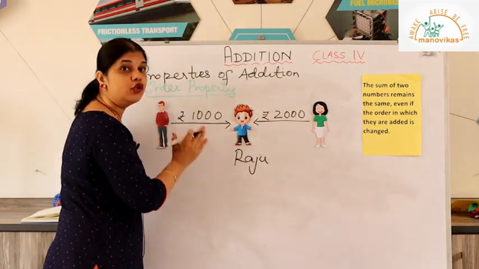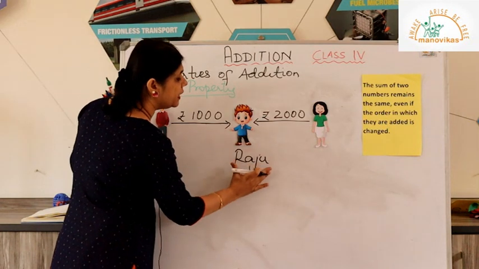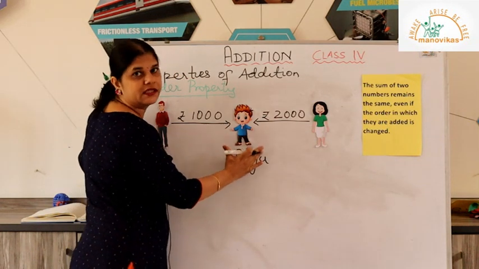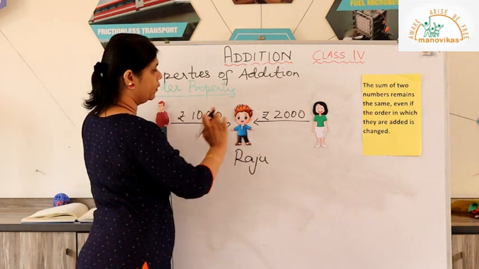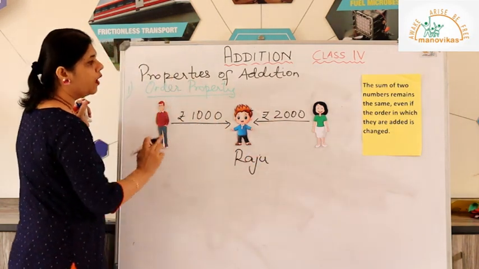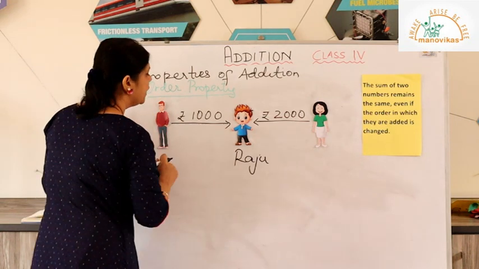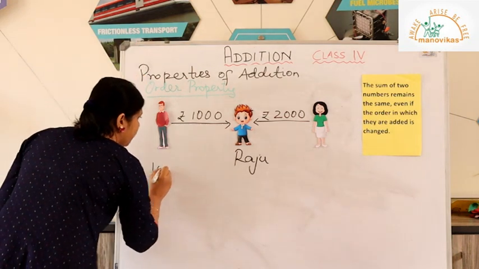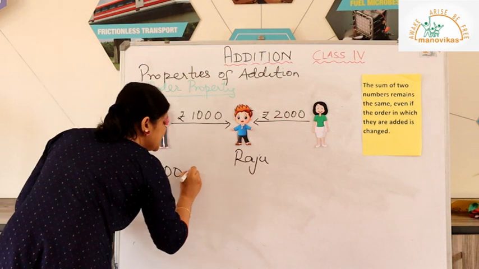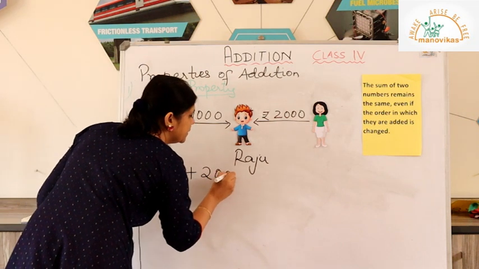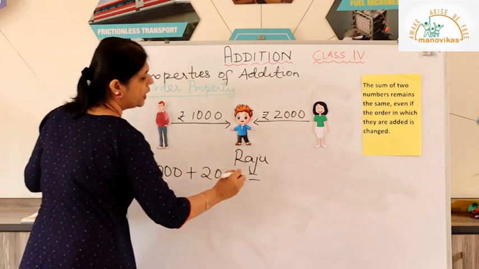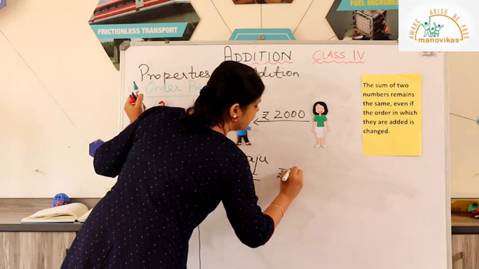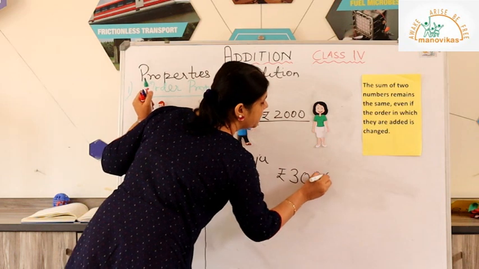Now, if you want to find out how much money Raju has collected for his birthday, what will you do, children? Yes, that's correct. You're going to add this money. Now, we will see how to do it. I will add money given by father plus the money given by mother. So, how much will I get? 1000 plus 2000, I will get rupees 3000.